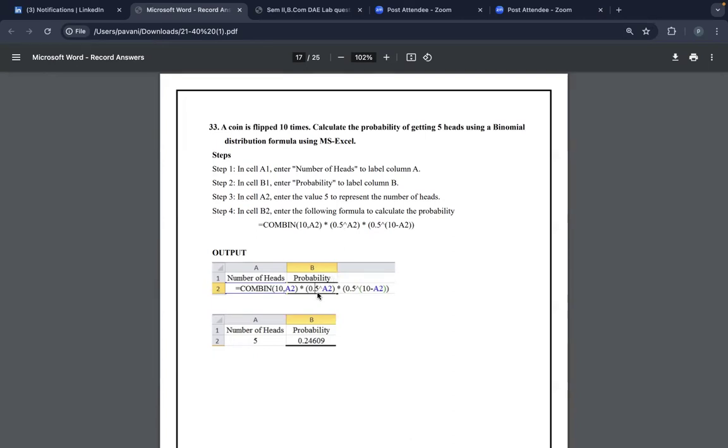That's the reason I took 0.5 to the power of A2, into what is the remaining one? It might be tails. This probability is for heads, the other one is for tails. 10 minus heads only, definitely it will give you tails. So into 0.5 to the power of 10 minus A2. When you just enter this, automatically you will see the probability.